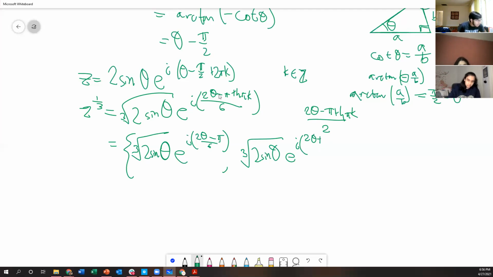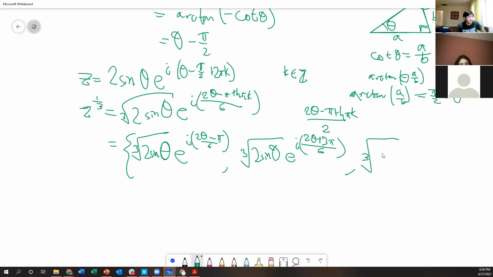If I plug in 1 here, 4 pi minus pi. Maybe I did it wrong in my working over here. Yeah, if you plug in a 1 here, that'll be 4 pi minus pi is 3 pi. So 2 theta plus 3 pi on 6. And you could simplify that if you wanted to. Actually, I don't think you could. Never mind.